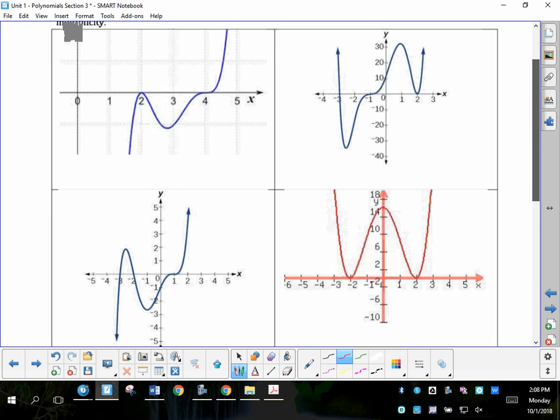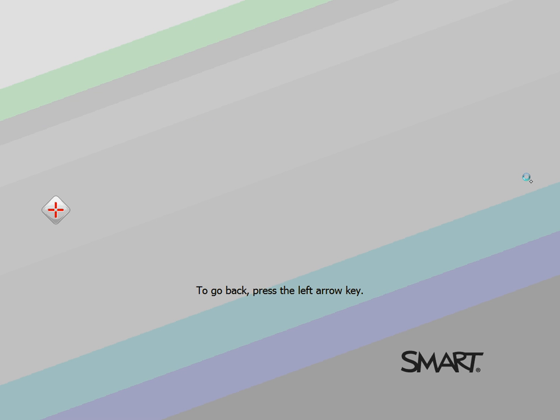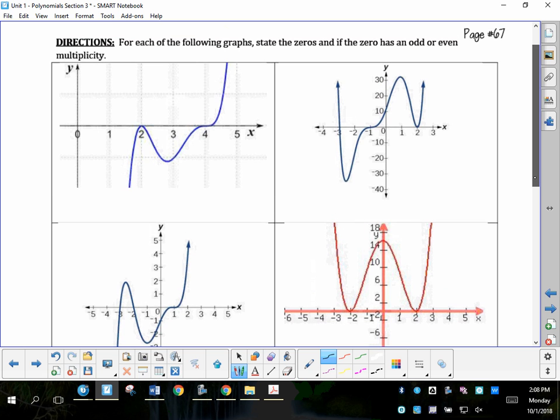No. All right, go through right now and see if you can give me an equation for what you think those 4 equations would look like. List out your zeros and their multiplicity before you even start.